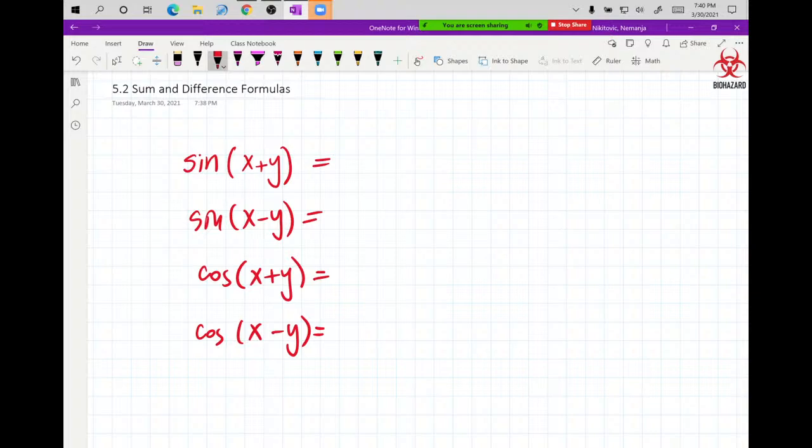Okay, so sine of x plus y is sine of x cosine of y plus cosine of x sine of y. So this is the formula, and sine of x minus y goes the same way, except it has a minus.